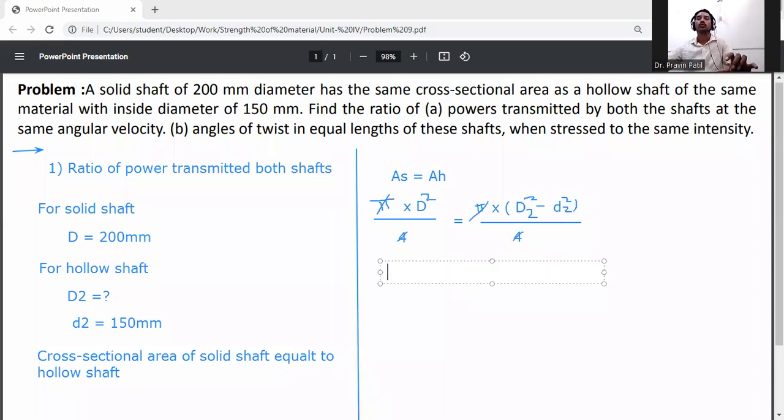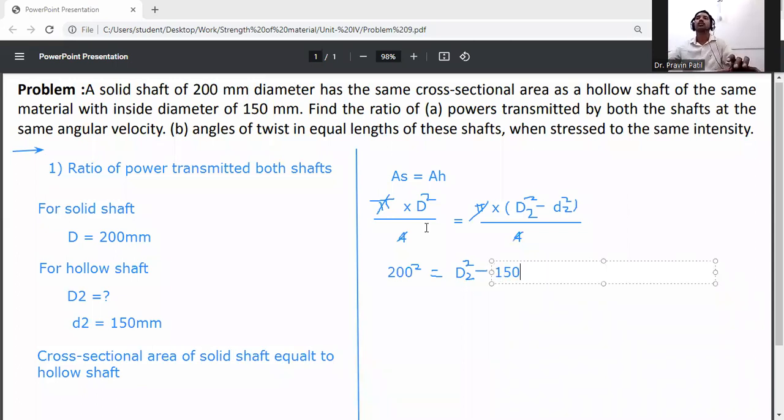So capital D square, this value is known for solid shaft, 200 square, is equal to D2 square minus small d square. D2 square is the unknown value. We need to calculate the external diameter of hollow shaft. Then small d square will be 150 square.